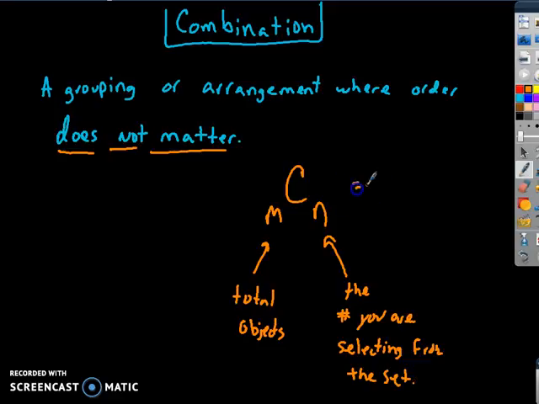The formula for that is m factorial divided by m subtract n factorial times n factorial. So this extra n factorial on the bottom makes it a smaller number than permutations because you're dividing m factorial by one more thing.